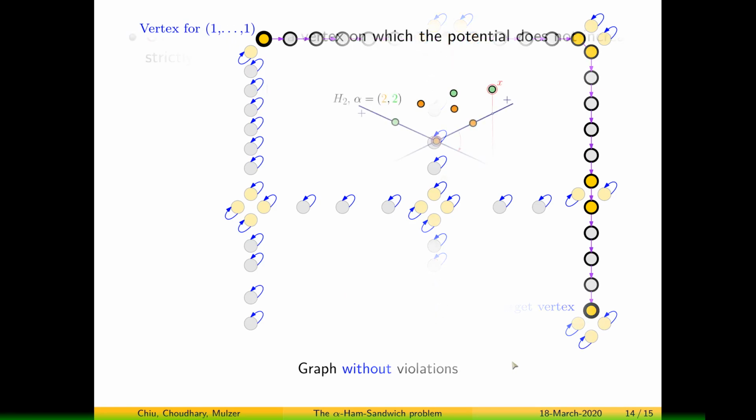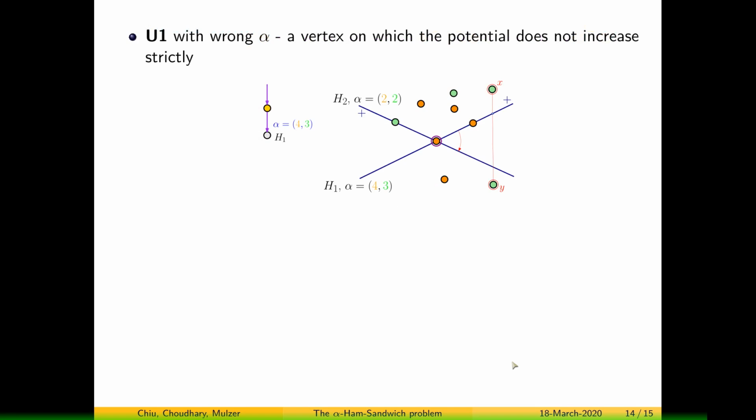The problem becomes more interesting when there are violations. For example, here the green and the orange points are not well separated. And then if I rotate from h1 to h2, I see that the alpha vector goes from (4,3) to (2,2), which is unexpected. It should have increased in one of the components or decreased in one of the components. Indeed, they don't form an edge in the graph, but the path ends at h1 abruptly.